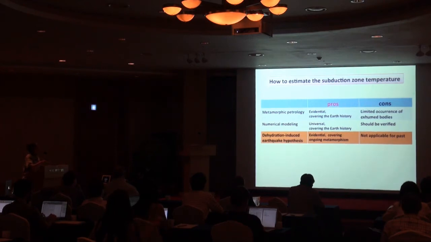This method is evidential if the hypothesis is true, and it covers ongoing metamorphism, meaning the present subduction zone temperature. But we cannot observe previous earthquakes, so this is not applicable to past subduction zones.